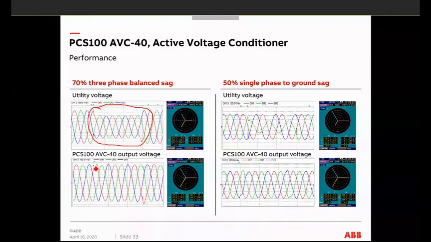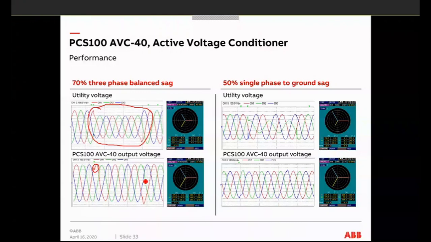The system, or the component, did not feel it. But this scenario will be logged in the PCS 100 hardware, and then you will see that this PCS 100 is actually working because you will see what is happening from the utility and the correction that it's done. Okay, and also for the single phase here, you can see the green sine wave here.